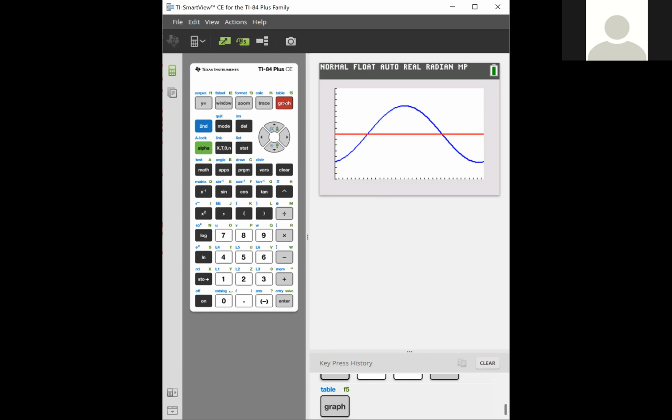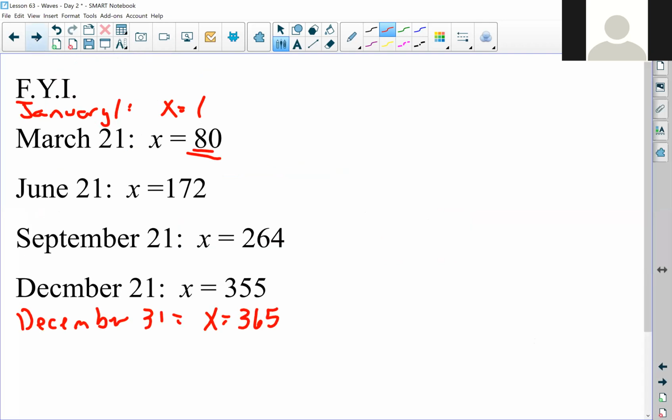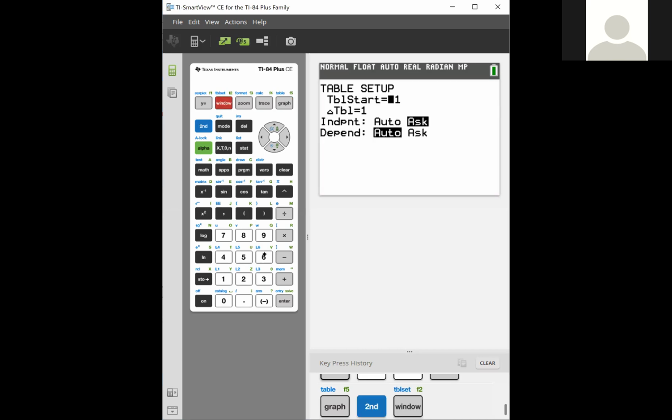And then if we wanted to, we could check to make sure our function is right. For these dates, we should know the number of hours of daylight. So if I plugged in x equals 264, we should get 12 as our answer. So if we go to our calculator, we could look at a table. 264.